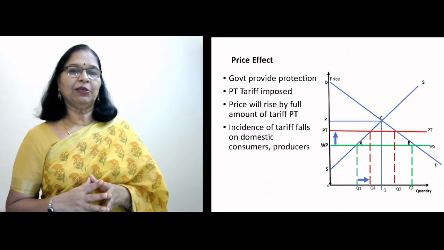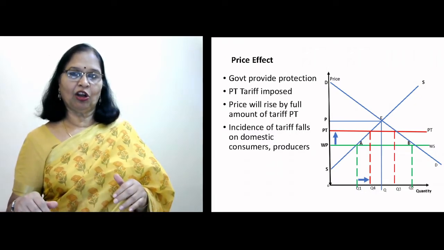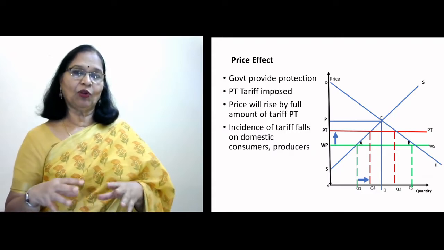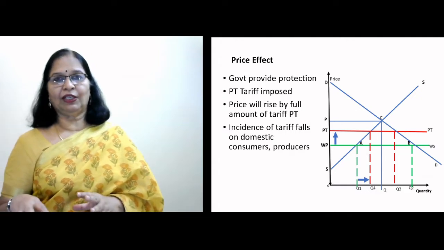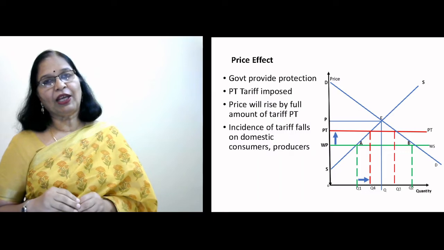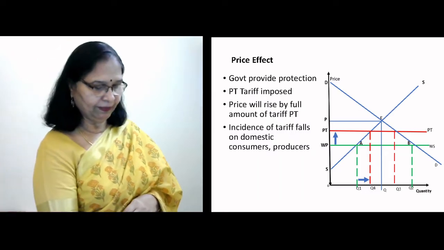This PT price is the one that will now rule the domestic economy for these imported goods, and we have to analyze the different effects of this imposition of tariff in the economy. The incidence of tariff will fall on the consumers and on the producers.